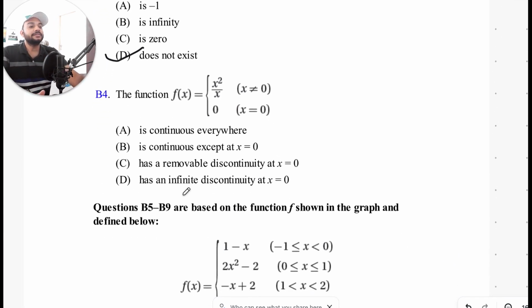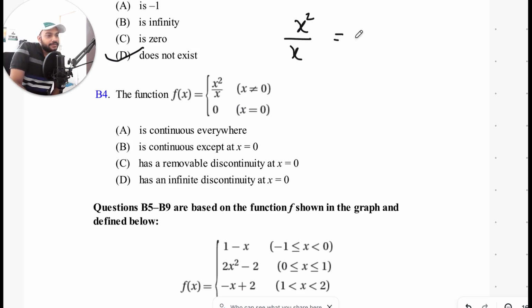The function f(x) is equal to x square over x for x not equal to 0, and f(x) is equal to 0 at x equal to 0. Is it continuous everywhere, or continuous except somewhere? Let's check. x square over x is basically x, for all x except 0, since we've been given x is not equal to 0.